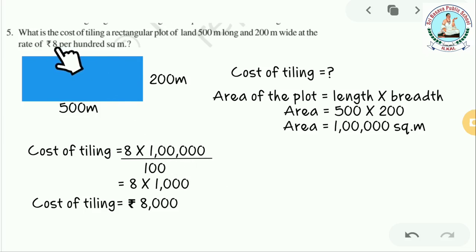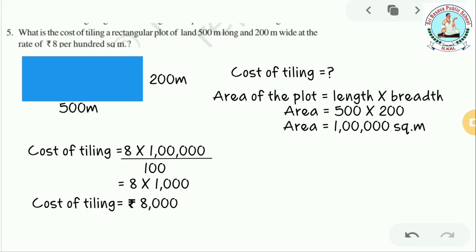But it is 8 rupees per 100, so we have to divide this product by 100. Two zeros will be cancelled, so 1000 will remain. 1000 and 8, so 8000 it is. This is the cost of tiling of this rectangular plot.